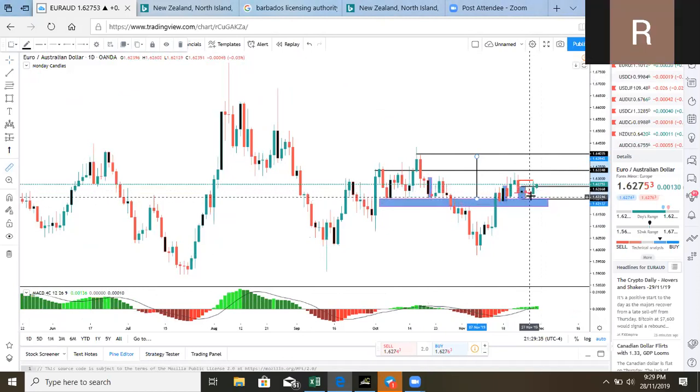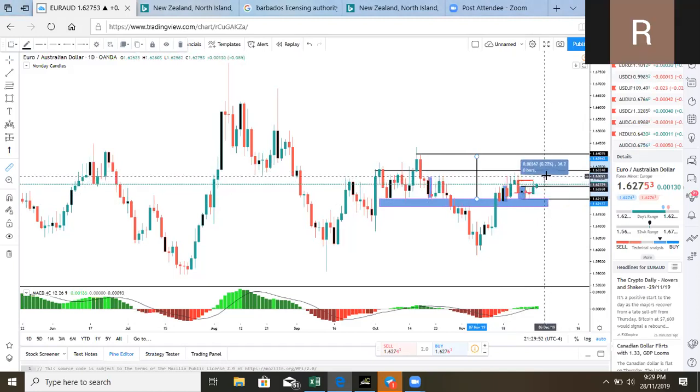You see the break came up and retest, lovely retest. It went there already. So we can see it going back to this zone where it went already. And from there to there is a lovely 60 pips.